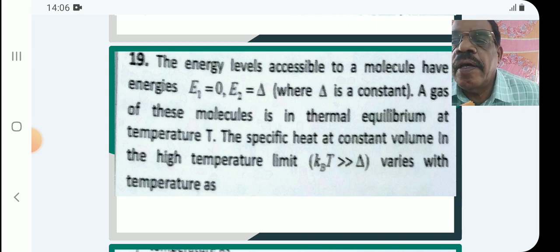Next question. The energy levels accessible to a molecule have energies E1 equal to 0, E2 equal to delta, where delta is a constant.